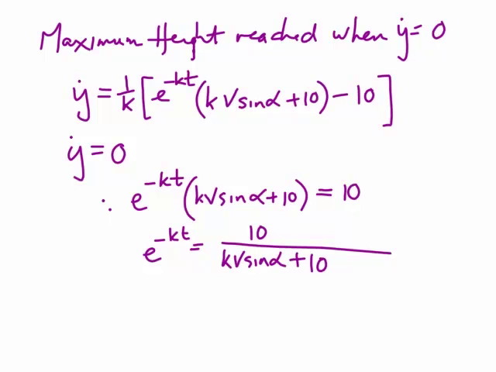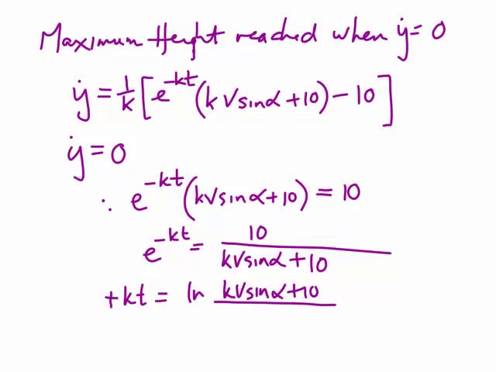Okay, and now I can find the time by taking the logs. Minus kt is equal to the ln of this expression. Now, we can actually use the negative sign to switch that around and make this a positive kt, using the negative sign in the logs to make it kv sine alpha plus 10 over 10.